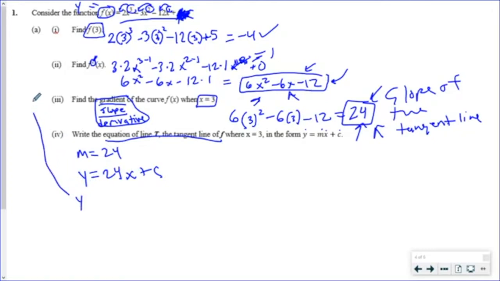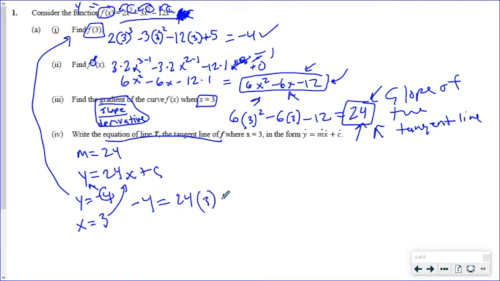Look up here, remember this? This is the same thing as y. We found out what our y was when we plugged in 3 here. Because 3 was x, you put it in your equation, you get y. We got negative 4, so y is negative 4. x is 3, because we've been using that in the entire problem. Let's put them where they belong. So I have negative 4 equals 24 times 3 plus c.